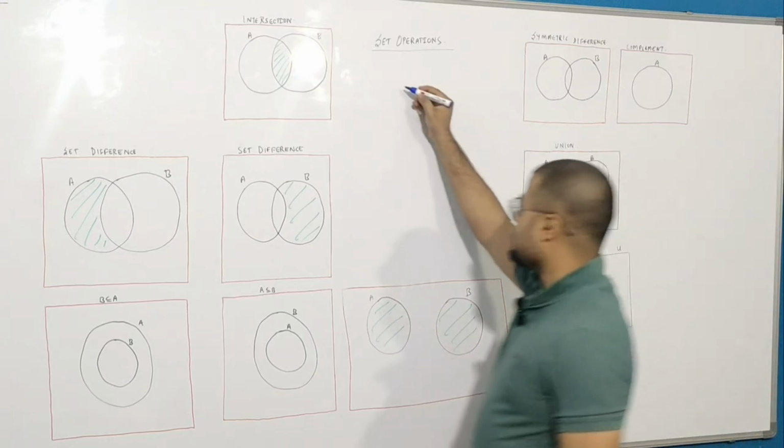Last set operation is the complement. Complement is a unary set operation.